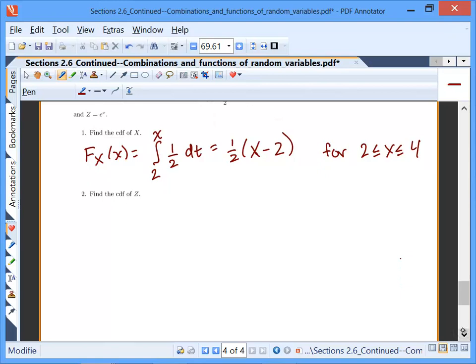Okay. Now we find the CDF of Z. So I want to find the CDF of Z. That is defined as the probability that capital Z, my random variable that's unknown yet, is less than or equal to a specific z value. Do I know anything about capital Z?